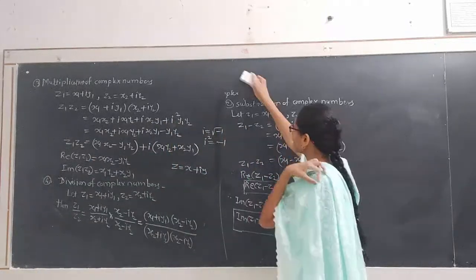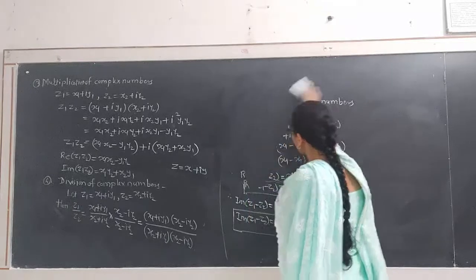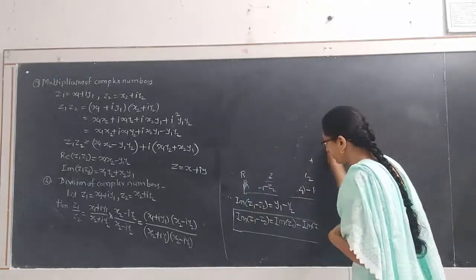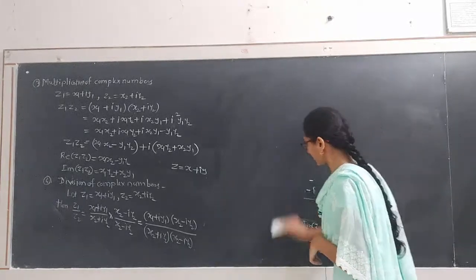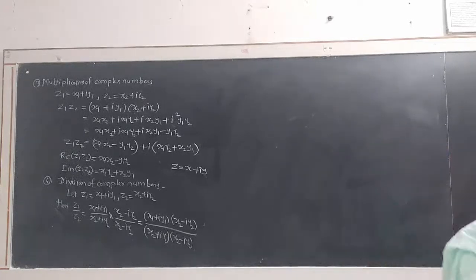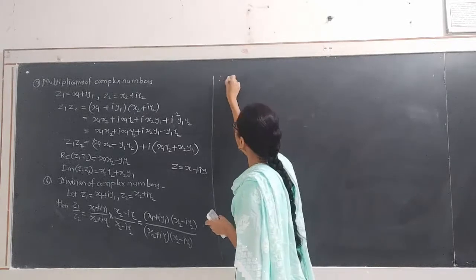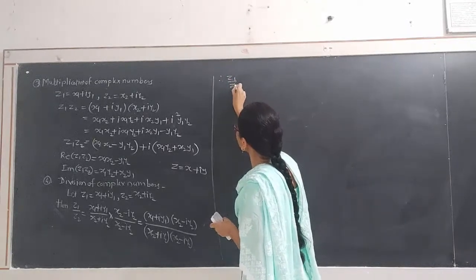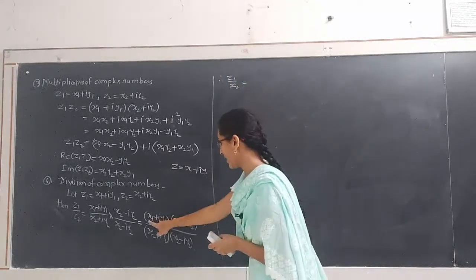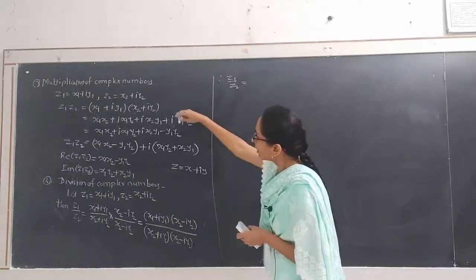The numerator evaluation gives z1 upon z2 equal to x1 into x2.